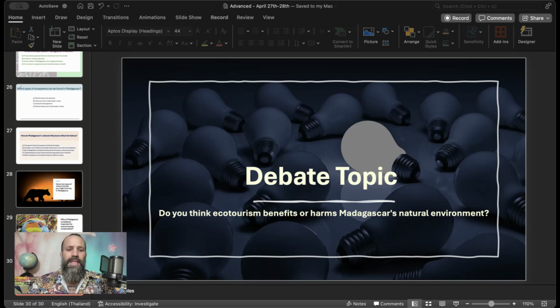On one side, you could say any tourism is going to damage wildlife. Boats dock and destroy coral reefs, or there's litter and more energy use, or they're having to clear forest to make way for a hotel or whatever.